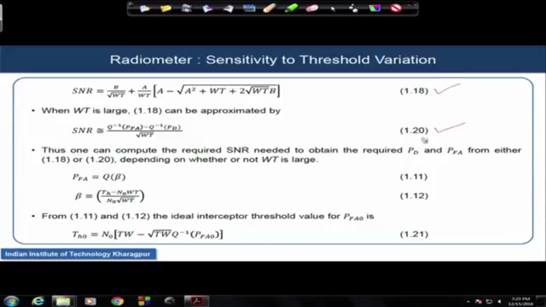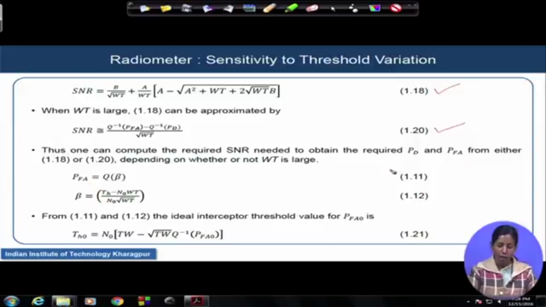Once these two are done, we can go ahead with the false alarm probability and the beta values once again, for both the large condition and the minimal condition. We also understand that the false alarm probability is given by the Q function of beta, where beta is the expression from the last few slides.